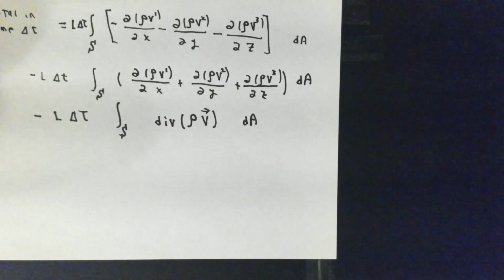In ordinary vector calculus, the quantity that's left inside the integral is called the divergence of rho times v, and I'm already thinking of making the cube very small so that the locations at which I evaluate the partial derivatives might as well be more or less thought of at the same point. In fact, I'm going to make the size of the cube extremely small, but not 0.